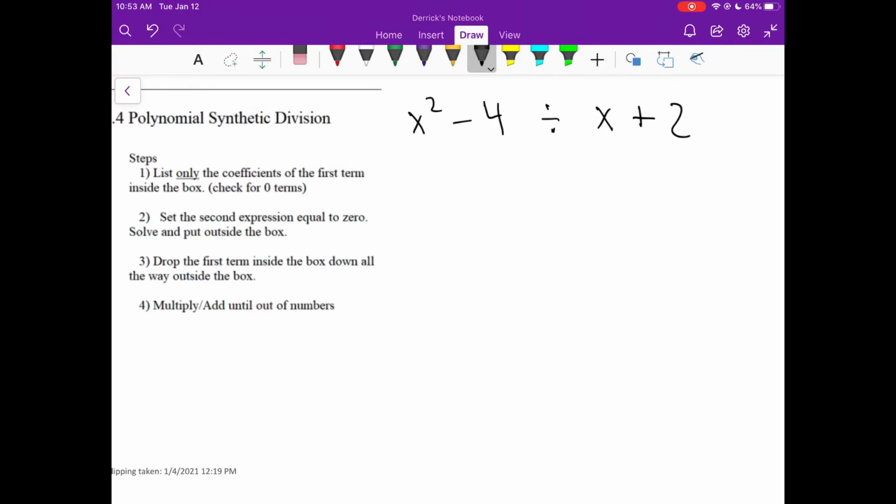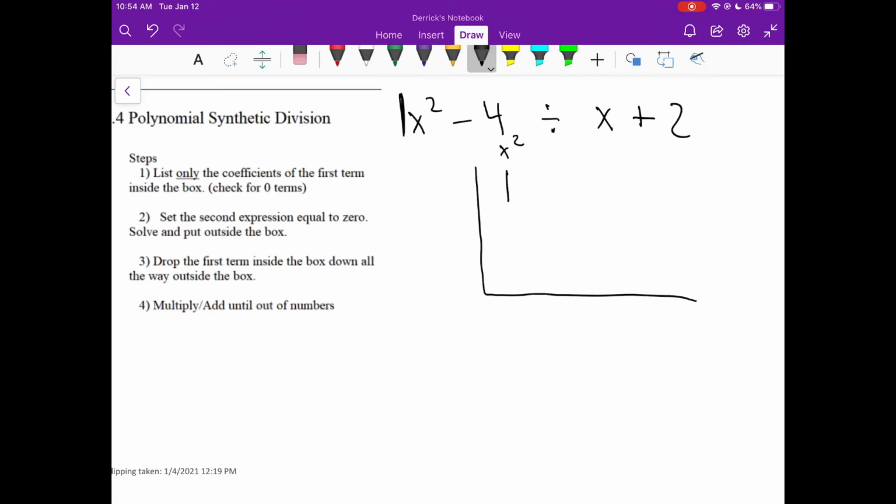Let's take a look at another synthetic division problem to show you a couple of wrinkles that you could have with this method. So if we're taking x squared minus 4 divided by x plus 2, to set up our synthetic division problem, the important thing to recognize is that when I go to put my coefficients, certainly I'm going to start with 1 because that's the coefficient of the x squared term.